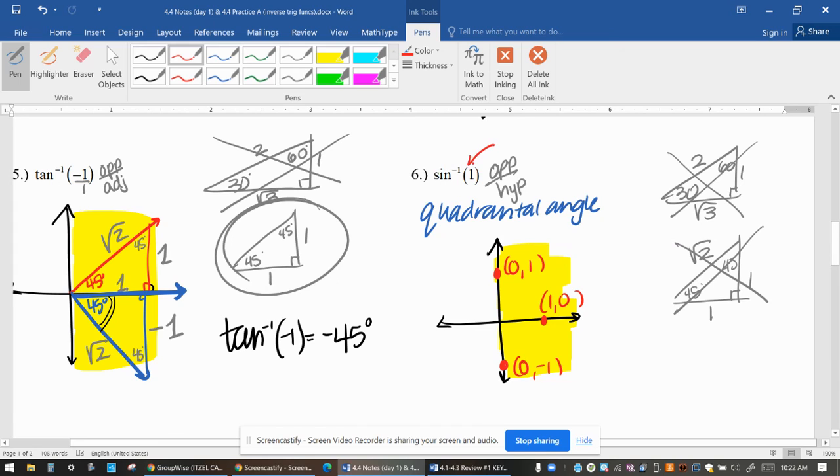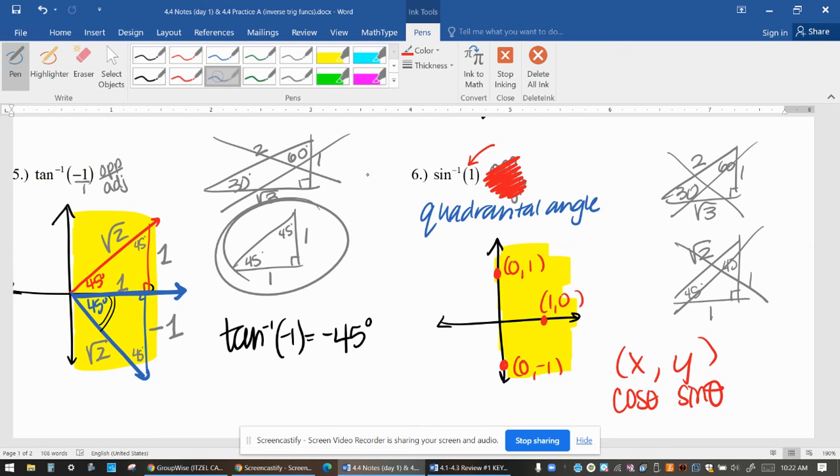Remember that since we couldn't use opposite over hypotenuse because there was no triangle, you need to know that for the ordered pairs of quadrantal angles, x is the cosine and y is the sine. So what angle has a positive y value of 1? That's this guy, right? And that's your answer.